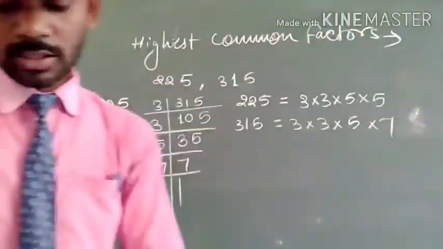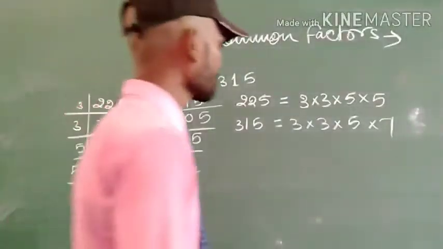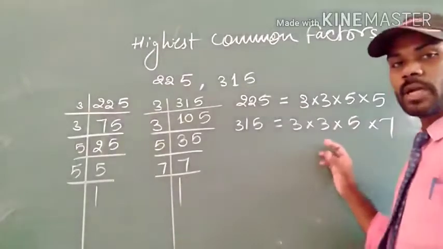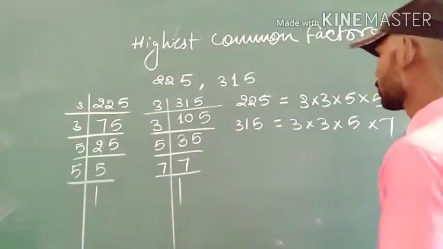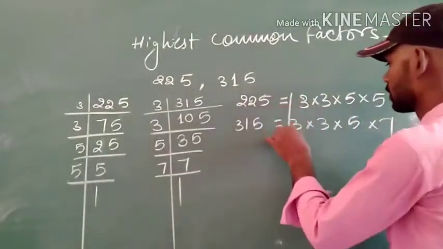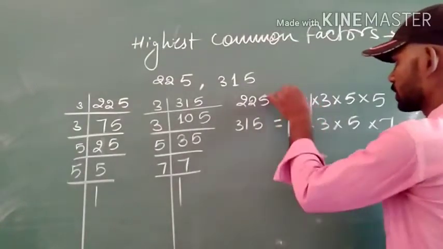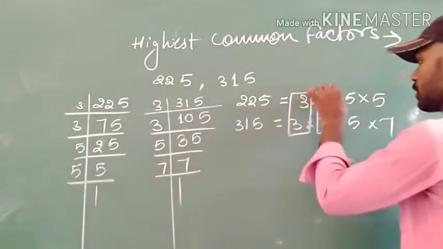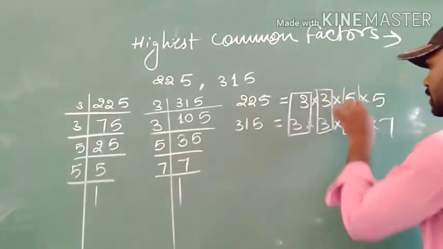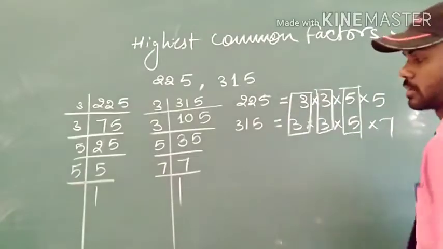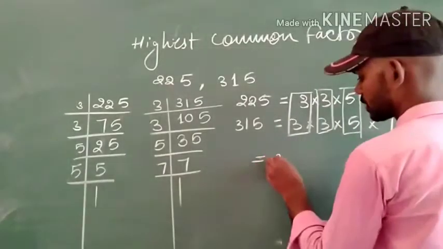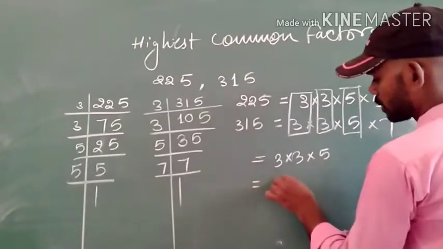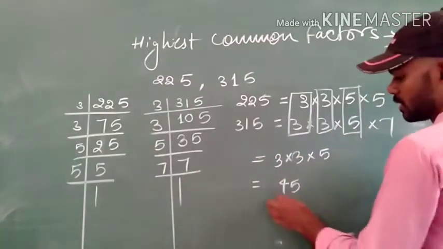Now in these we have to find the common prime factors. Here we can see this is the first common factor, this is the second common factor, and this is the third common factor. Now we write them like this: 3 into 3 into 5, which is equal to 45.